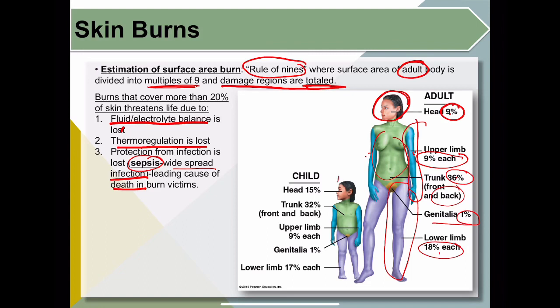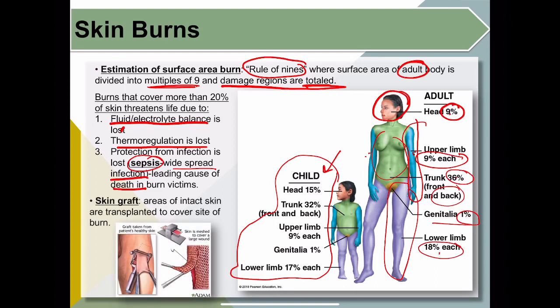For a child, it's a little different and it's not really multiples of 9, but here's the reference for estimation of surface area burn for a child. Now, skin graft is where you can remove small areas of intact, healthy skin and run it through an instrument that can smush the skin into forming a bigger piece.